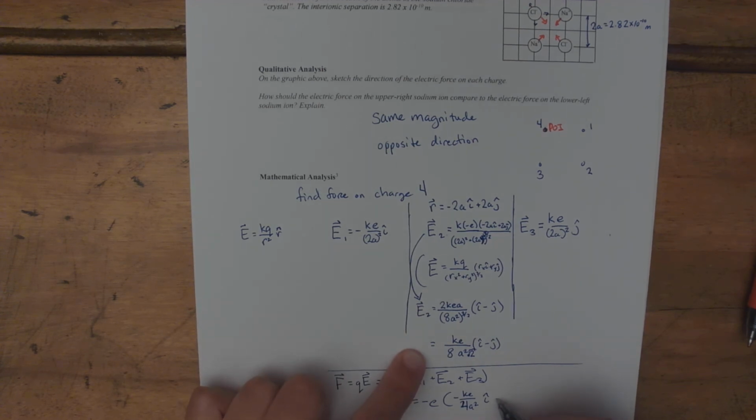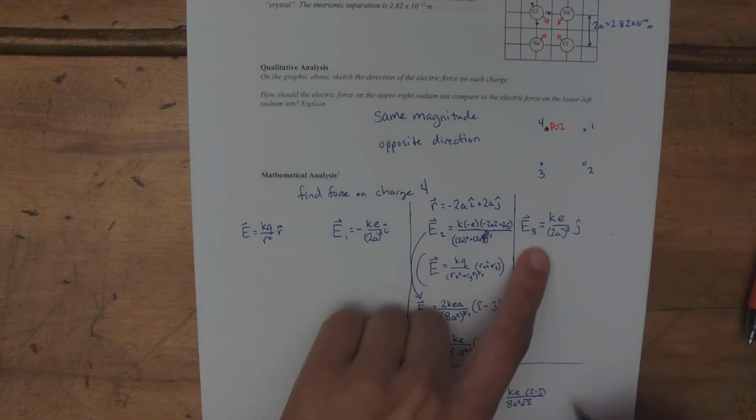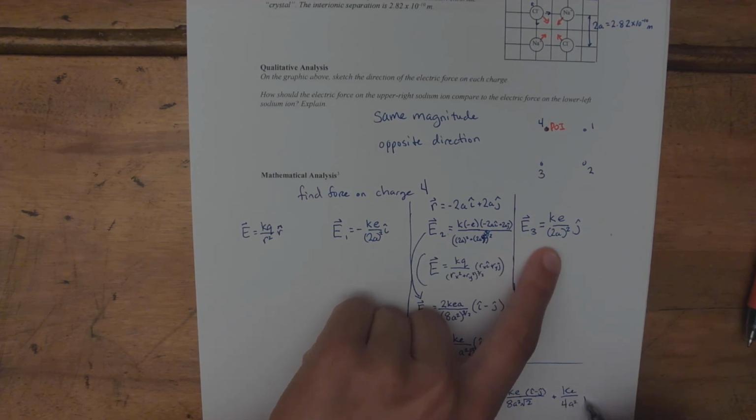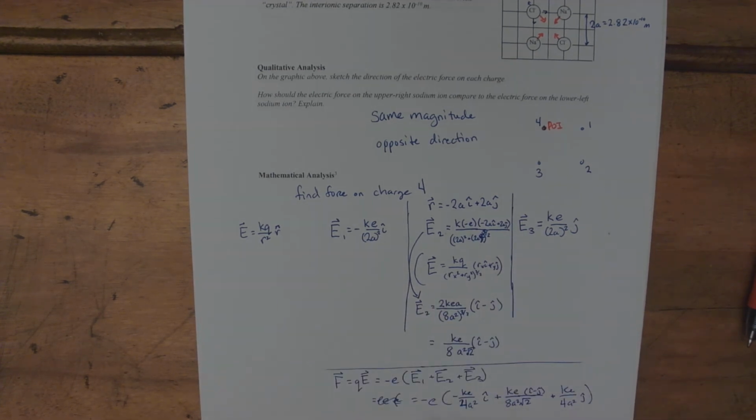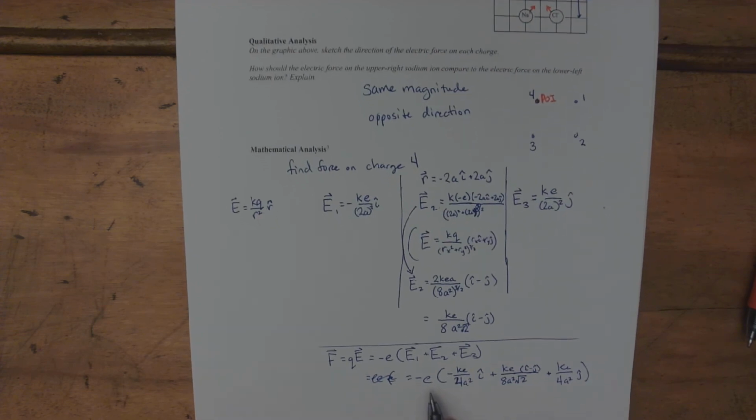E2 is plus ke over 8a squared times the square root of 2, I hat minus j hat, and E3 is ke over 4a squared in the j hat direction. So we multiply everything by negative e, and then we're going to group the I hat terms together and the j hat terms together.